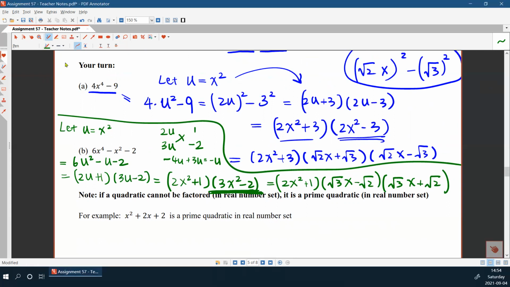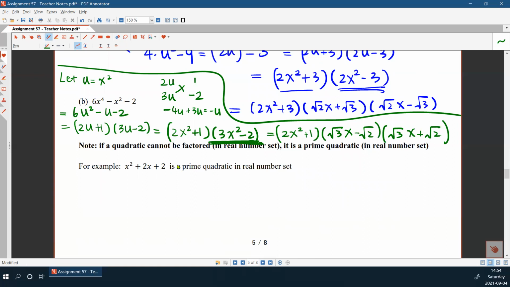Oh, okay, so next, I just want to mention that not every quadratic can be factored. If a quadratic cannot be factored in the real number set, it is a prime quadratic. Okay, it is called a prime quadratic if it cannot be factored in the real number set. For example, in the real number set, it is not possible to factor this quadratic.